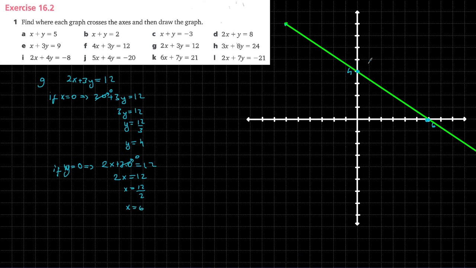As I said before, this is the y-intercept and this is the x-intercept. So with respect to that one, the name of the line was 2x plus 3y is equal to 12.